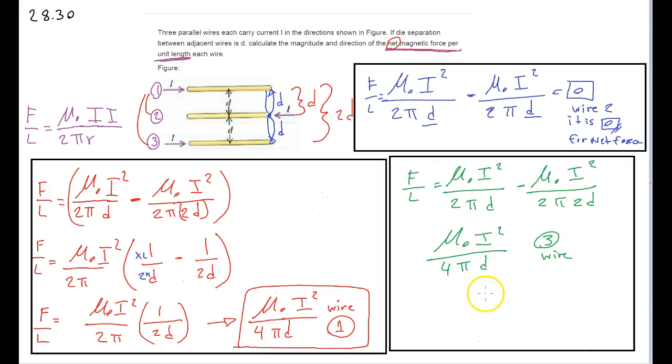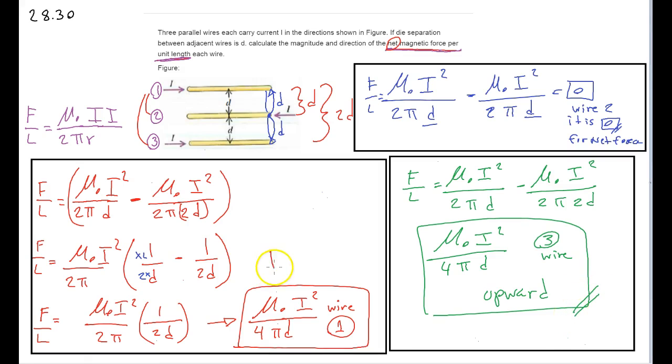But this is going upward. The first wire was going downward, and then that one was going upward, like that. And that's it.